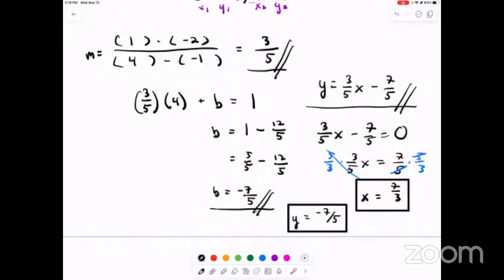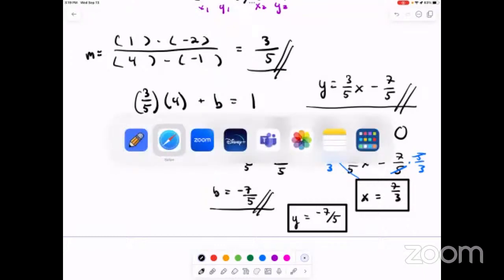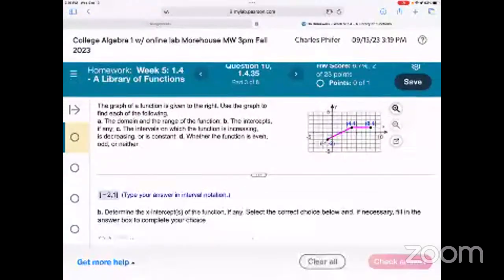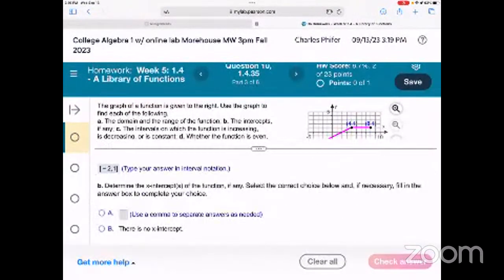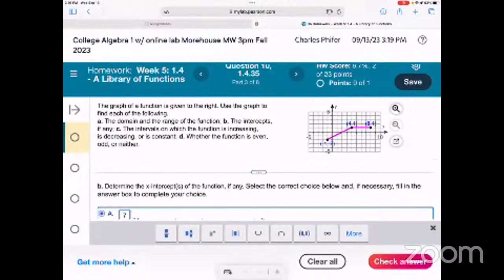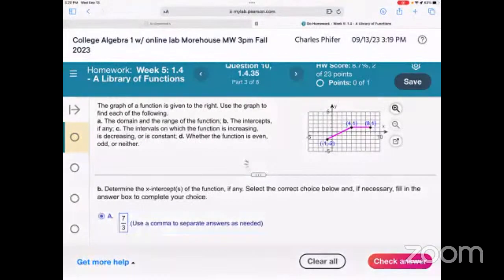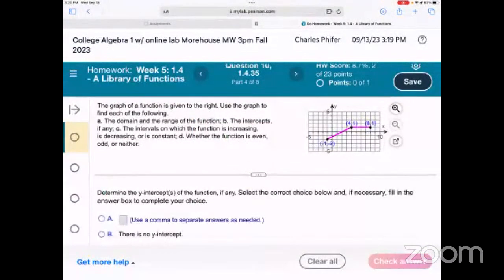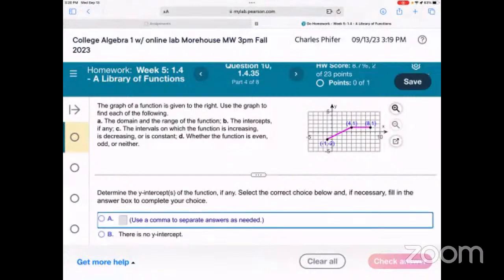Okay, so we got an x-intercept of 7/3. And then the y-intercept, we got a -7/5.